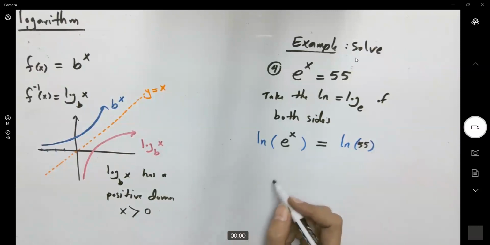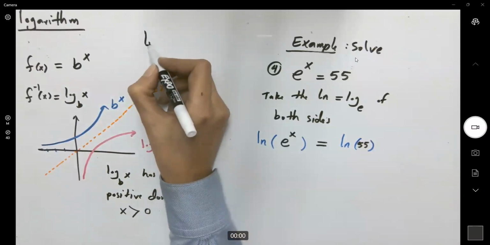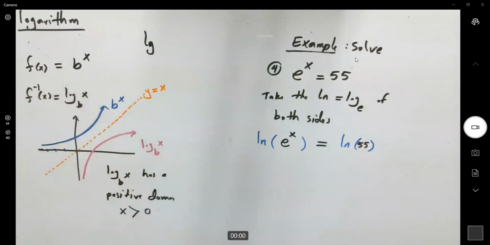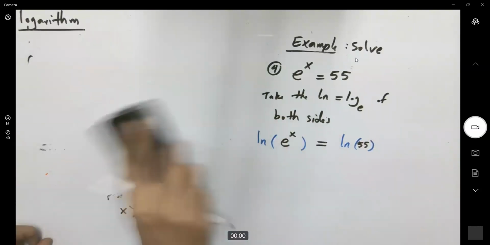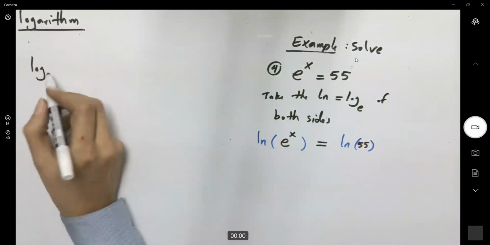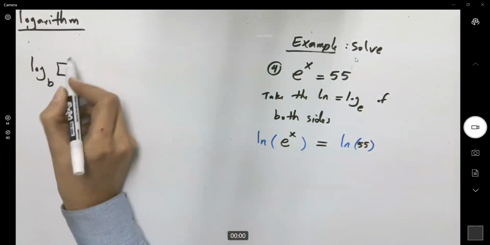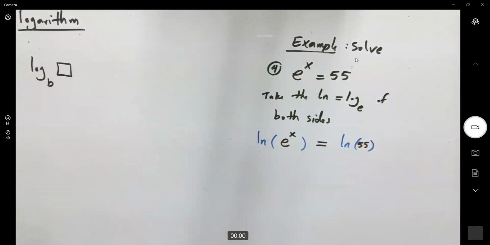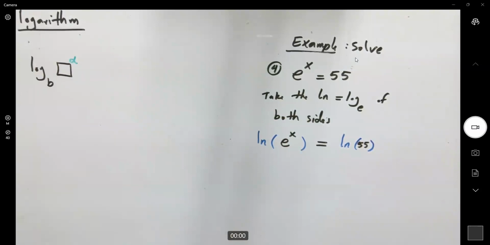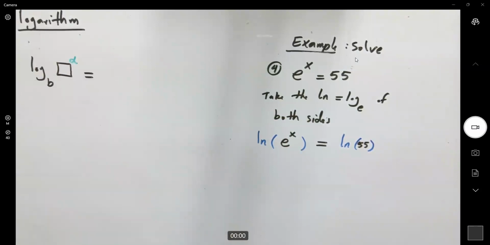Well, remember the properties of ln. If we have log of a quantity to some exponent, so suppose this quantity has an exponent like alpha, I can take this alpha and write it in front of the log.